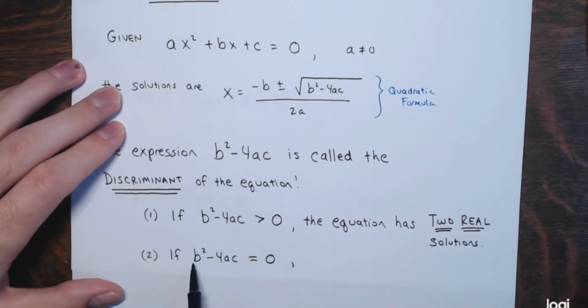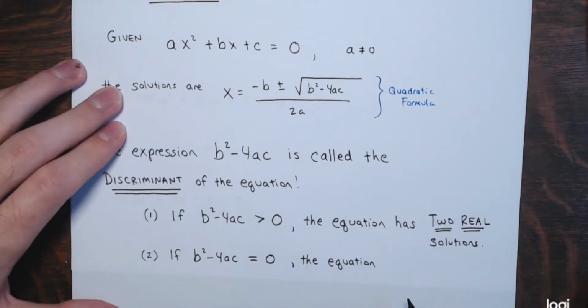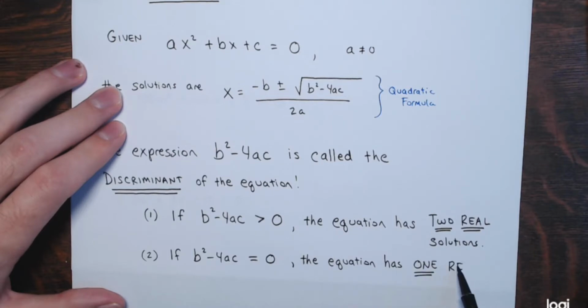So if the discriminant is equal to 0, the equation has just one real solution, x equals negative b over 2a.